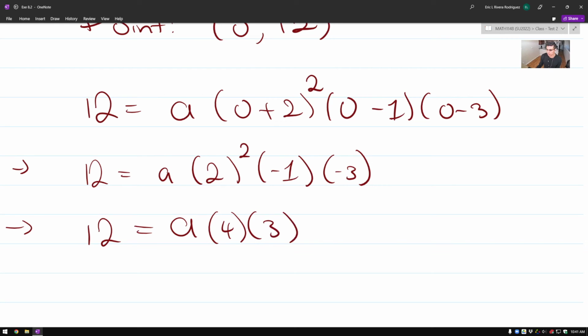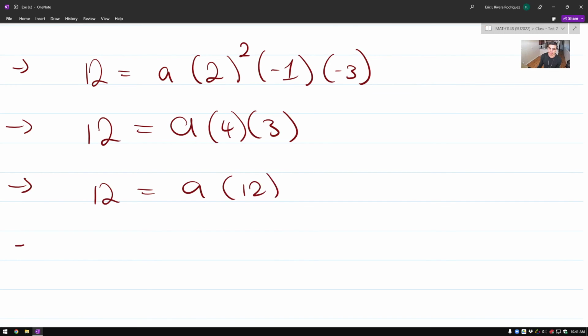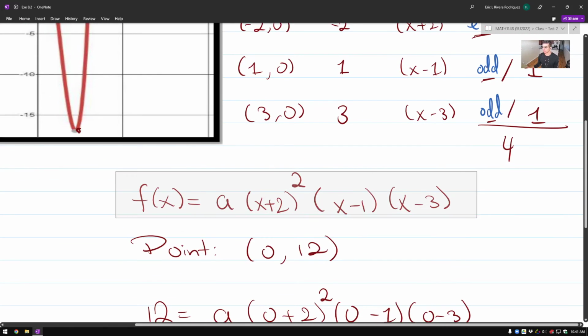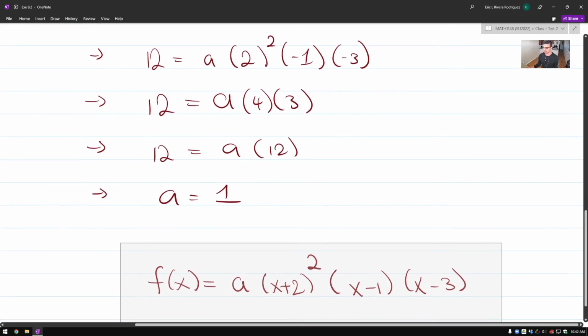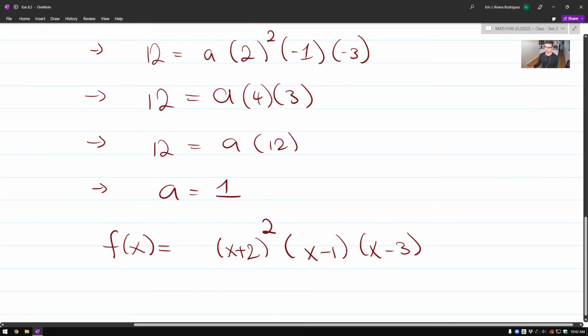So we have positive 3 here, 12, and the value of a is 1. So we go back to our initially written equation. We don't need to write the leading coefficient because it's just 1. And that is our final answer.